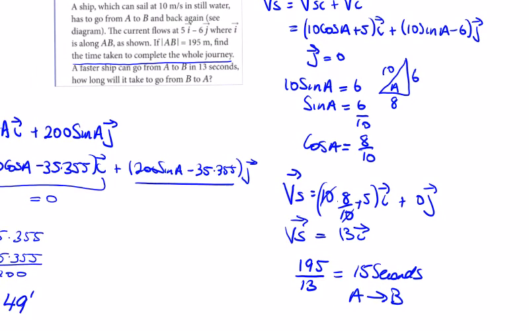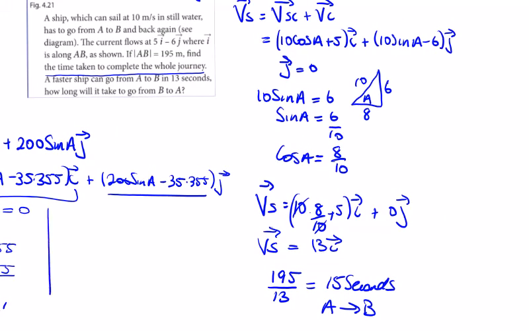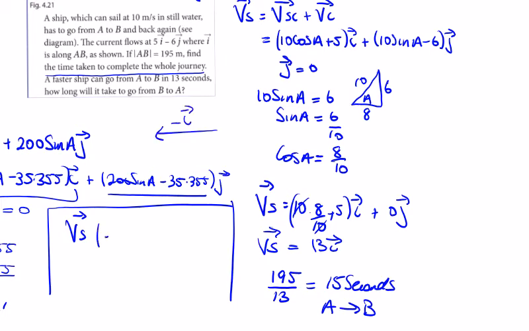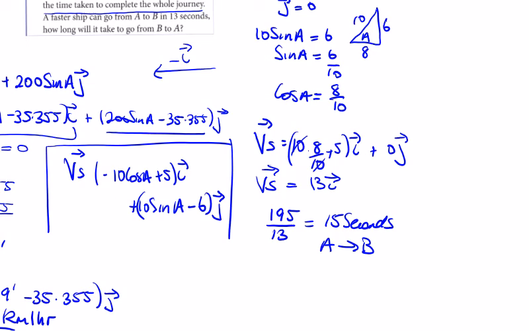So returning, the velocity of the ship is going to go in this negative I direction. So it's going to be minus 10 cos A plus the 5 in the I direction. And we're going to get the same J direction, plus 10 sine A minus 6 in the J direction. That's still going to give me sine A is equal to 6 over 10. So it's the same angle, going to give me cos A is equal to 8 over 10.